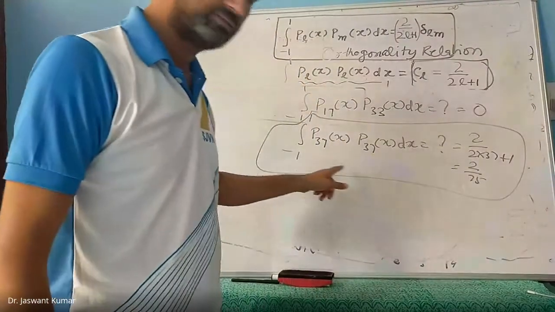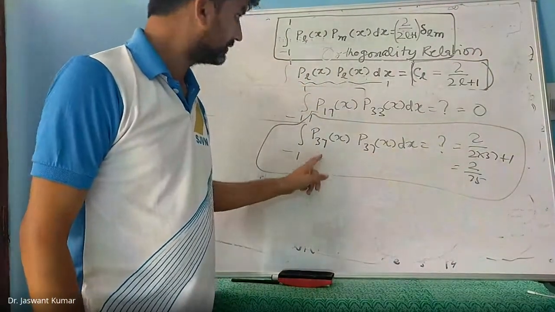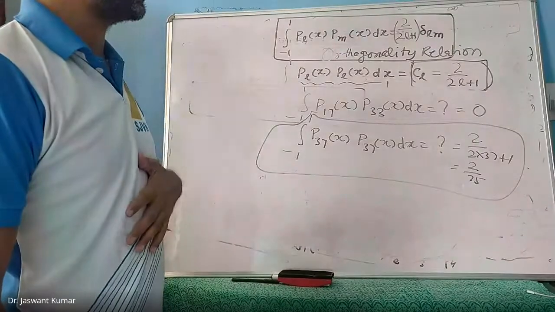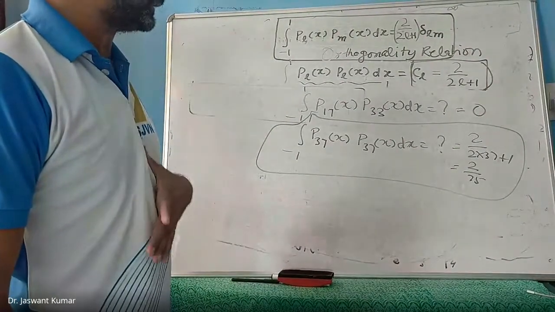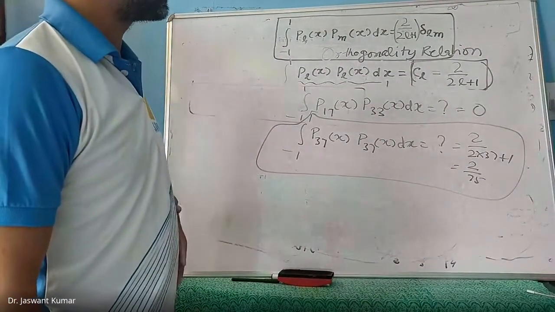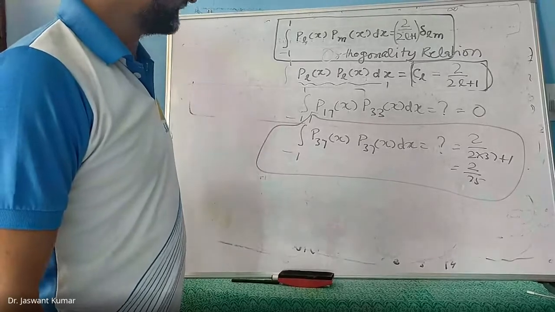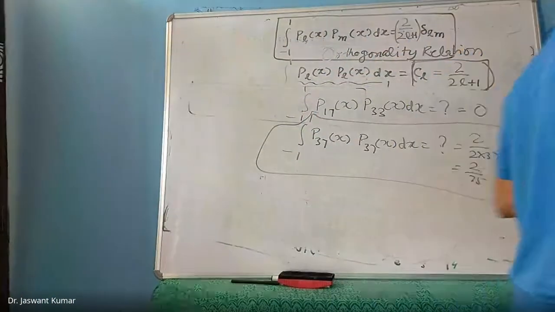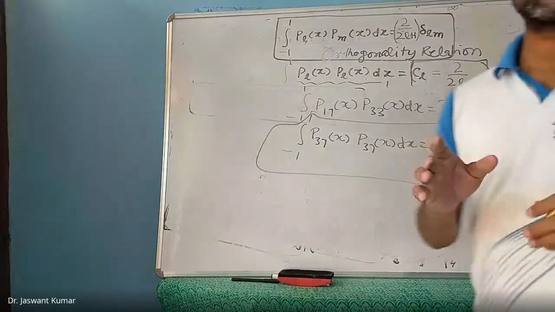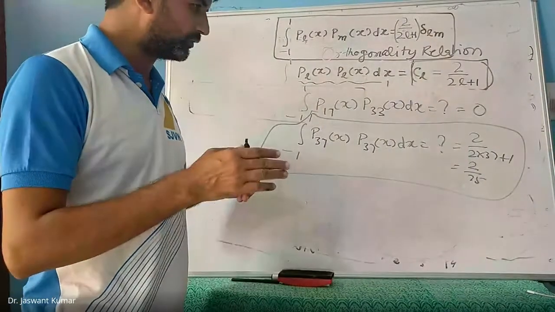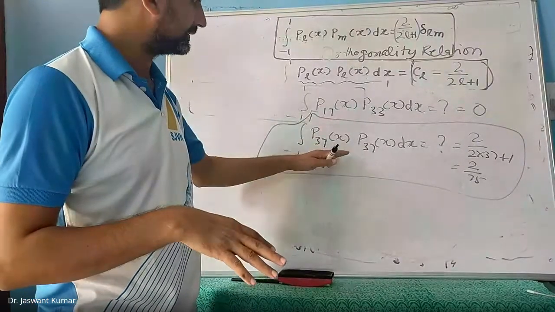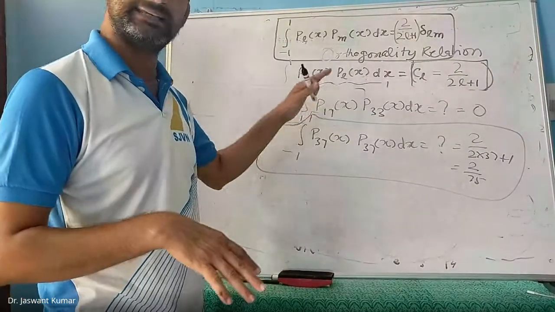Happy, all of you? Okay, so I am also very happy if you are happy. If we have done this, then we have learned almost all the stuff related to the Legendre polynomial.